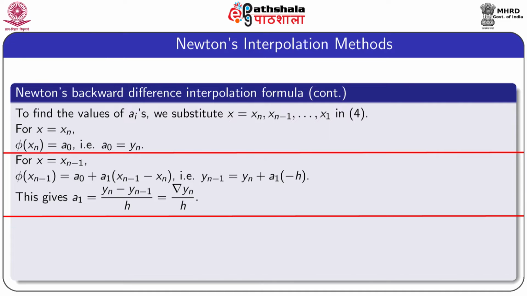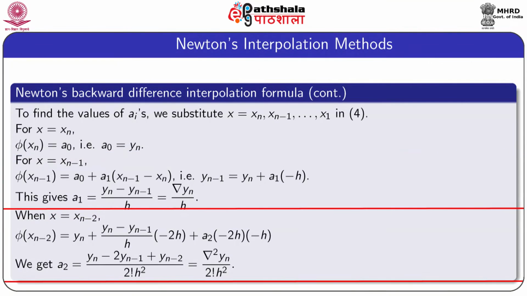That is, yn minus 1, which is equal to phi at xn minus 1, equals yn, this is the value of a0, plus a1 into minus h, because a1 is multiplied by xn minus 1 minus xn. So, this is nothing but minus h. So, a1 equals yn minus 1 by h, and this is nothing but nabla yn by h, where nabla is the backward difference operator.